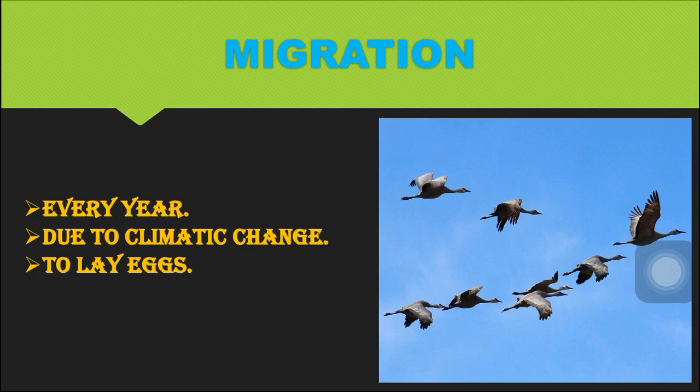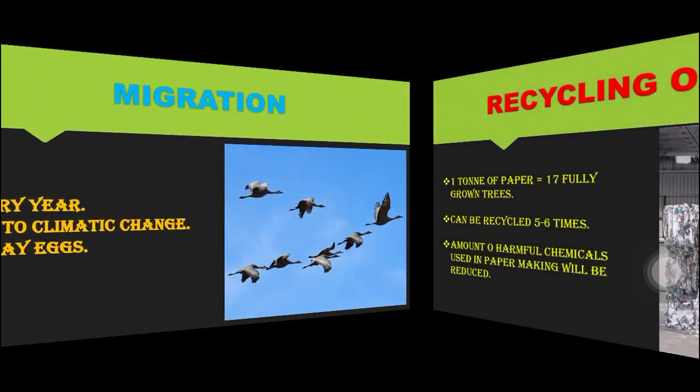Yes, why? Because in Russia it becomes extremely cold, and that is the very time when they have to lay down their eggs. They cannot give their eggs in such a harsh cold climate, so they shift to our country. Fine. So this is migration, and Siberian cranes are the migratory birds.